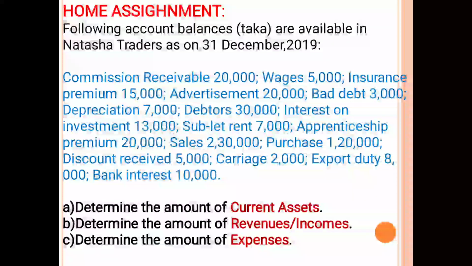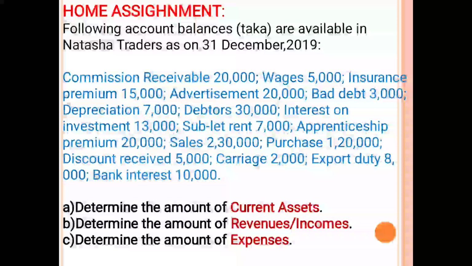Advertisement, a huge amount of money is paid for this item in any business, so advertisement is one kind of expense, that is revenue expenditure. Bad debt is one kind of loss which is irrecoverable from customers, so it is an expense for the business. Depreciation is one kind of expense, that is a loss, written down from any fixed asset, so it is an expense.